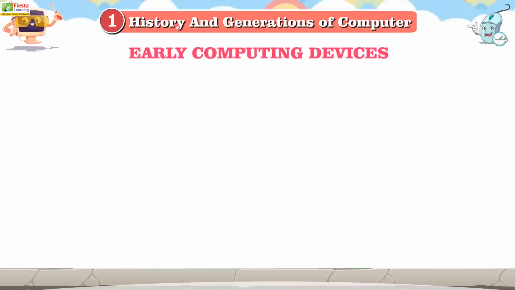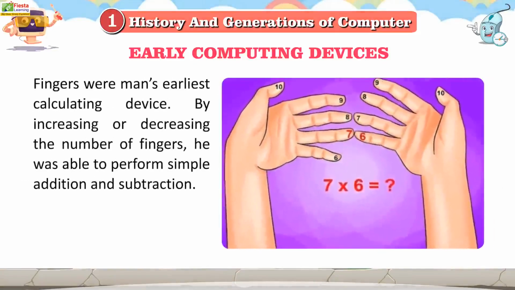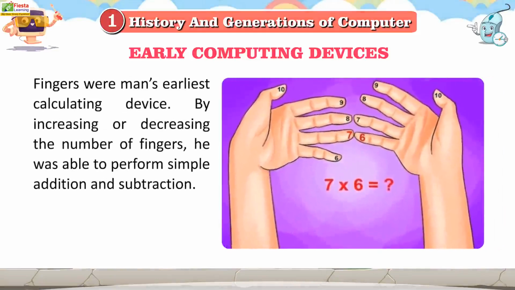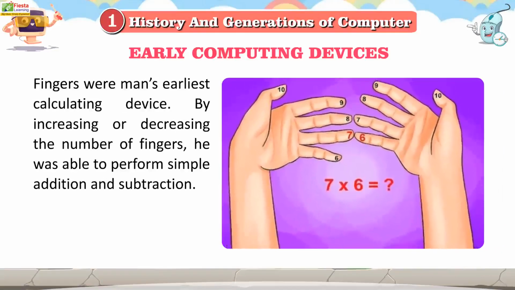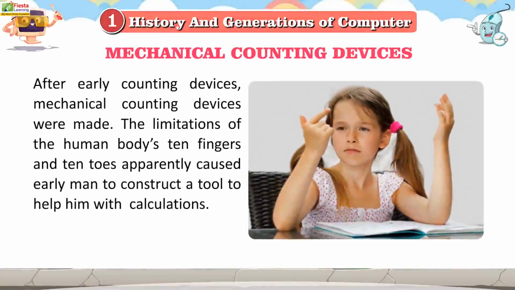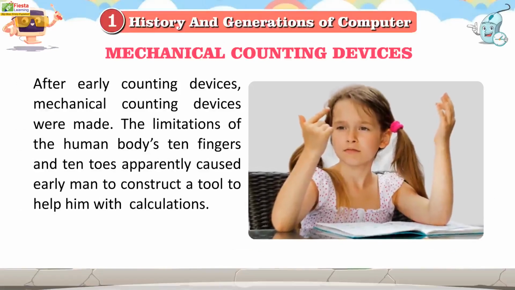Early computing devices. Fingers were man's earliest calculating device. By increasing or decreasing the number of fingers, he was able to perform simple addition and subtraction. Mechanical counting devices. After early counting devices, mechanical counting devices were made.